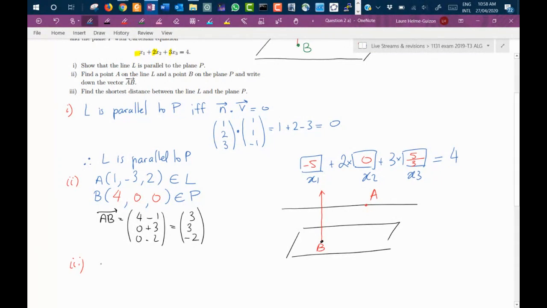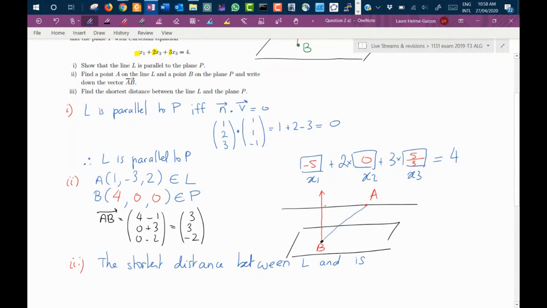So those who didn't think of that, you can use this idea. While I write the beginning, the shortest distance between the line and the plane is... if I project AB onto the line, let's say I get this.